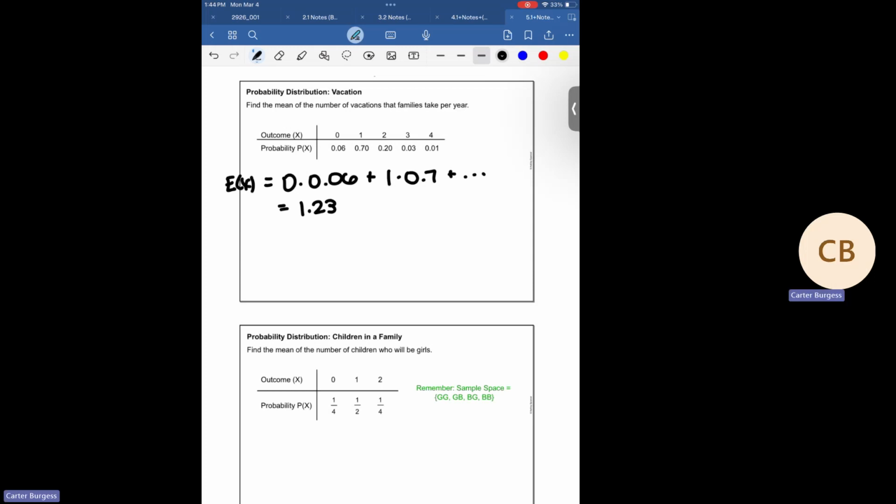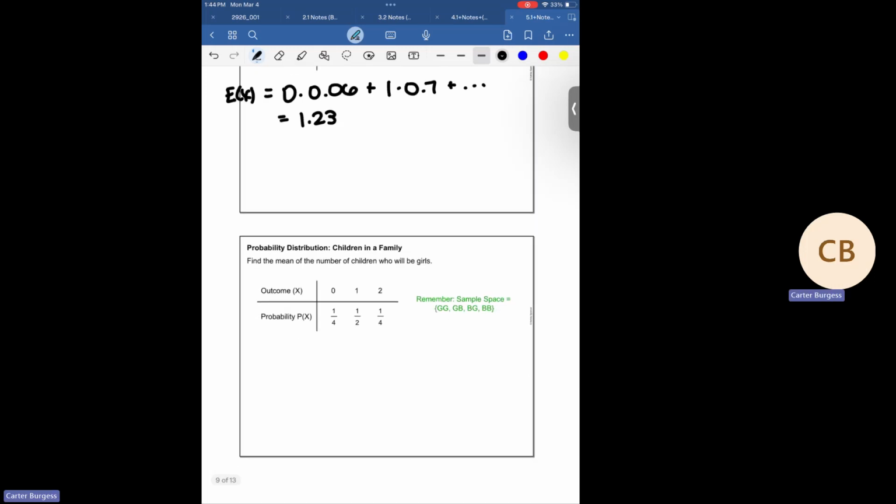Very good. Again, would we expect to see a family that took 1.23 vacations? No. But if we were to look at like 100 families, we would expect to see, on average, that 123 vacations have been taken. So even though we're calling it the expected value, that does not mean that this is the value that we literally would expect to see, but this is on average what this value is going to look like.